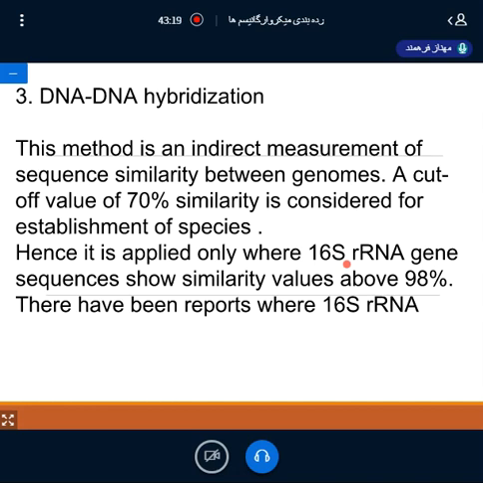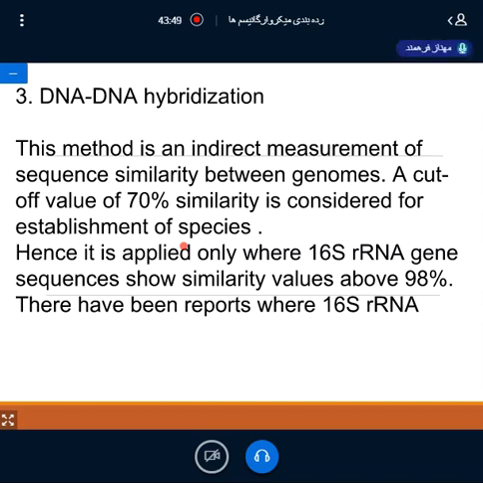For example, we isolate bacteria from environments and we guess by biochemical tests and morphological characterization that this bacteria that we have isolated is, for example, Bacillus cereus.